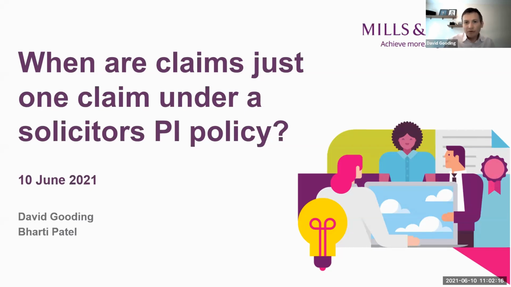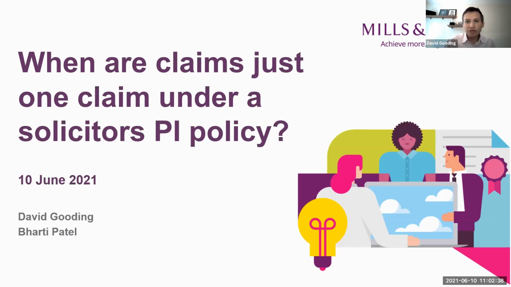Just finally, before we move on, bear in mind that the wording we're talking about should be the same across the market because it's hardwired into the SRA's minimum terms. But it relates to the indemnity limit of a claim. So there's no specific minimum terms provisions around how you treat the excess as far as aggregation is concerned.